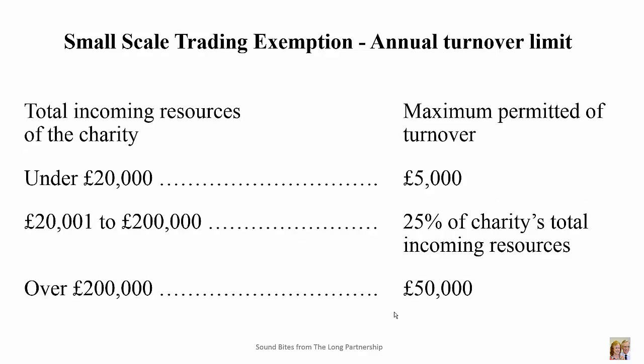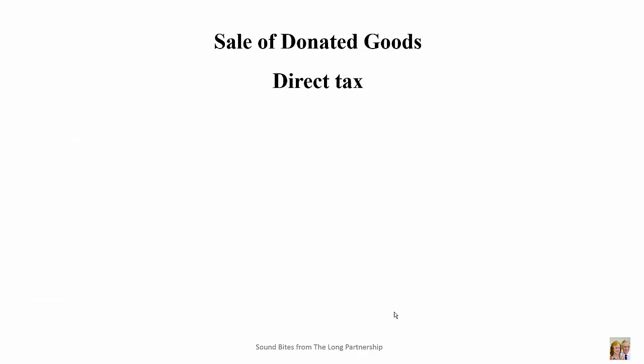And you will see on the screen the relationship between the total incoming resources of the charity and the level of permitted non-charitable trading. You'll also see that the level of turnover of non-charitable trading is capped at £50,000, no matter what the incoming resources of the charity.